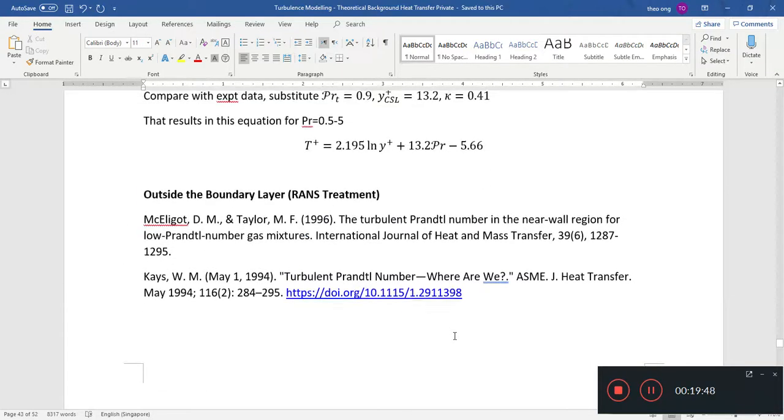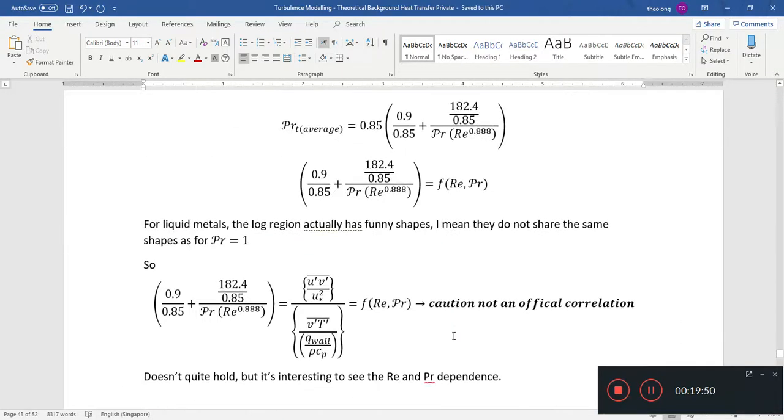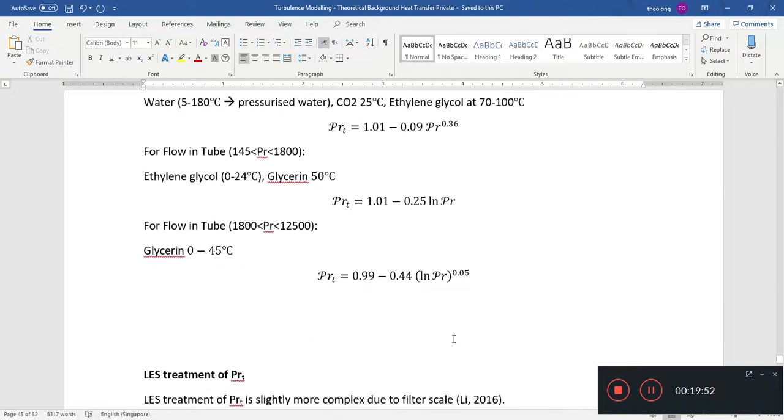Anyway, so we come back to this, and I'll just go through the rest of it. The turbulent Prandtl number equals 1.01 minus 0.25 natural log of Prandtl number. And for high Prandtl number, 1800 to 112,000 ish, the turbulent Prandtl number equals 0.99 minus 0.44 times... hold on, I made a typo here.